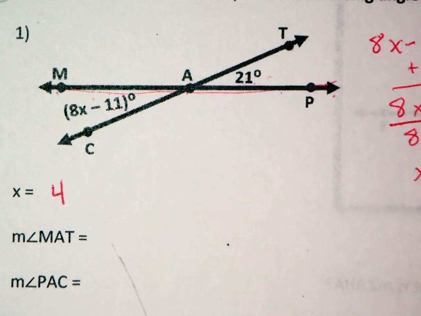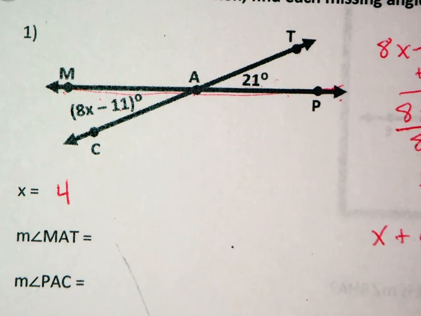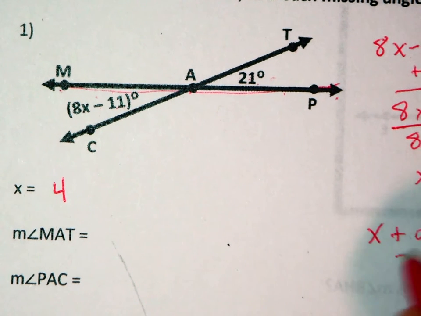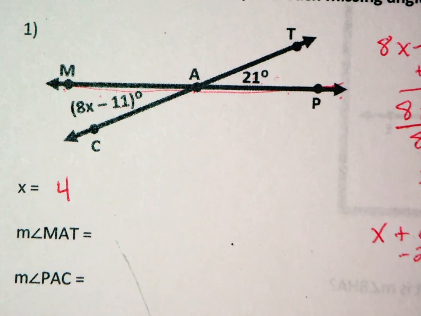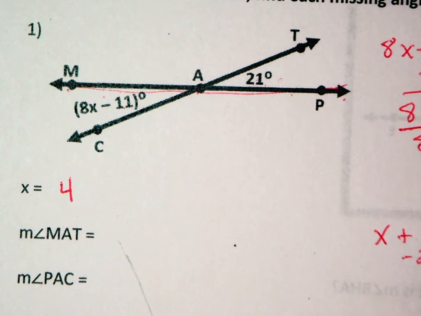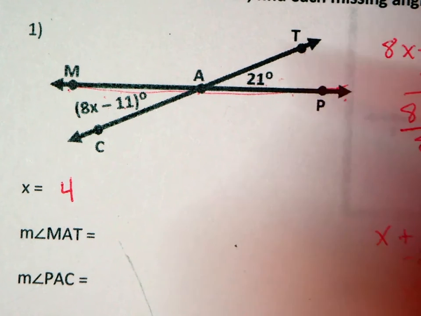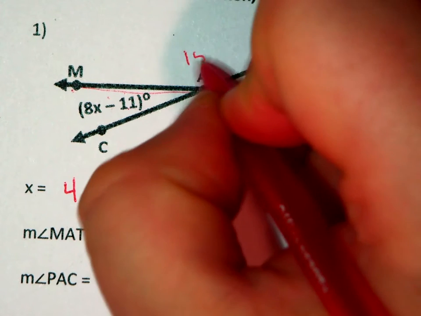So TAM, I'm going to call x, plus 21 would equal 180 degrees. Subtract 21 from both sides. So that's going to be 159 degrees.